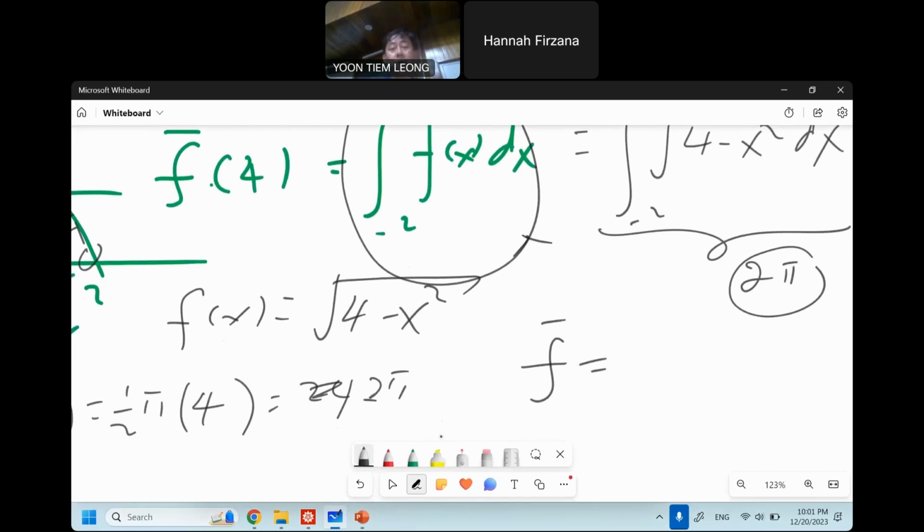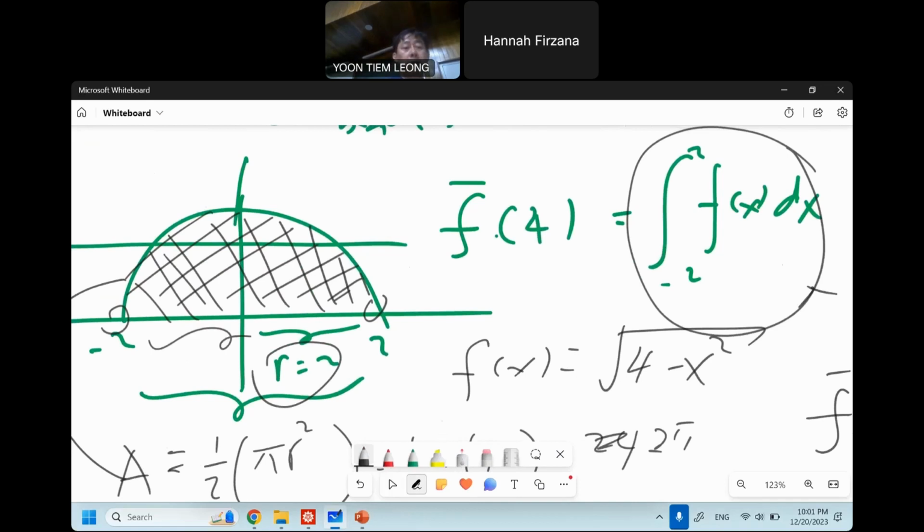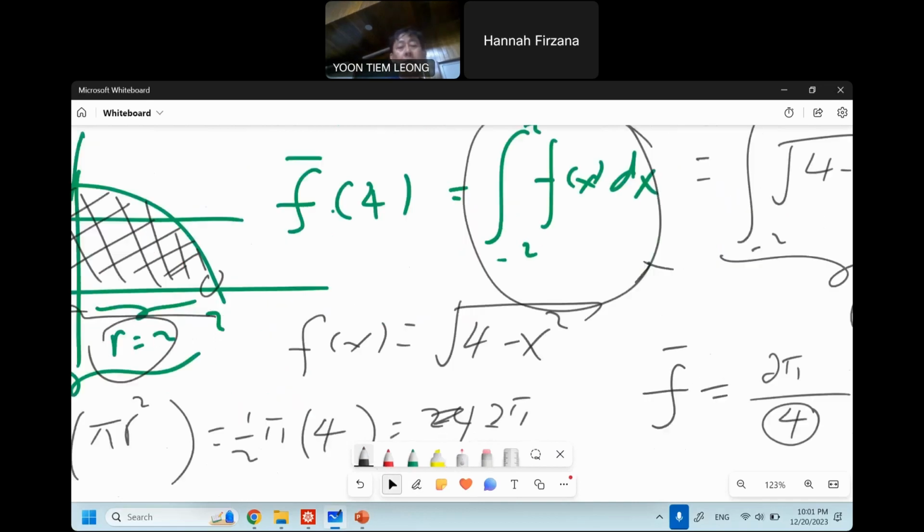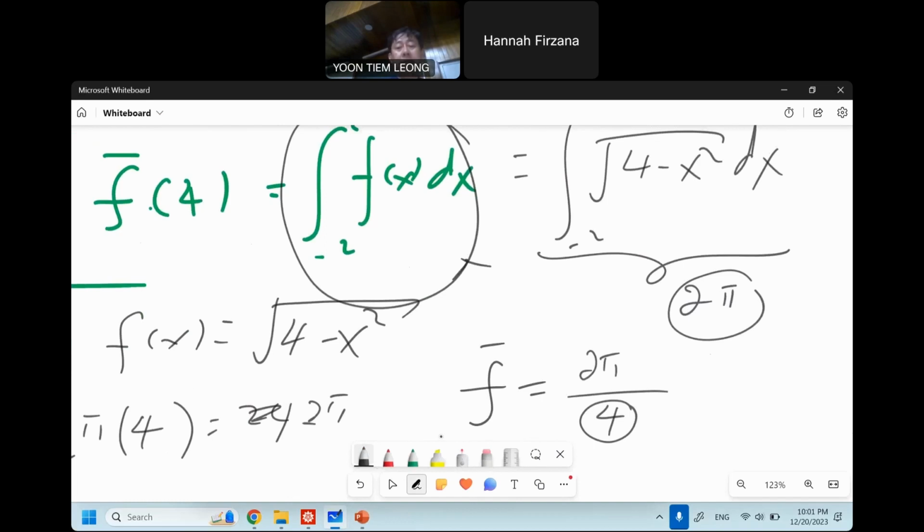The average of the function square root of 4 minus x squared is just equal to 2 pi over 4. And this is the width of the base from minus 2 to 2. Then this is the f bar, which is 2 pi over 4.